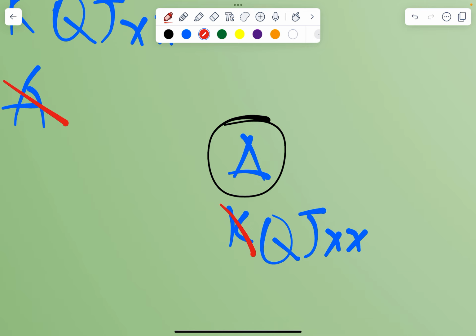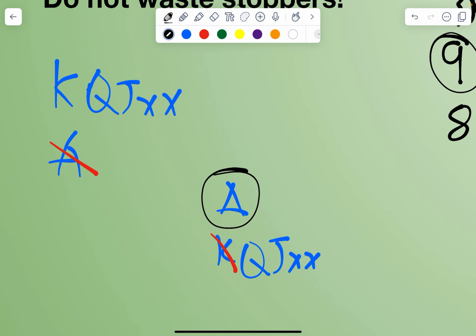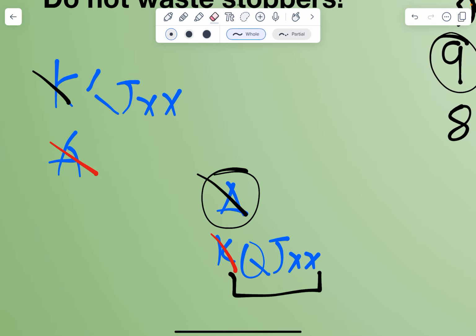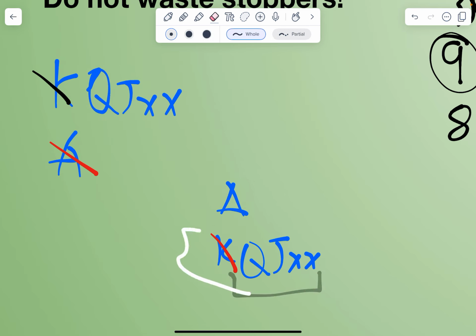If we play the king and they play the ace, well, now they can knock out their ace. However, this time we have the tempo, and now we can play these 4 cards, and they have to pitch their 4 winners. So this time we're in time.